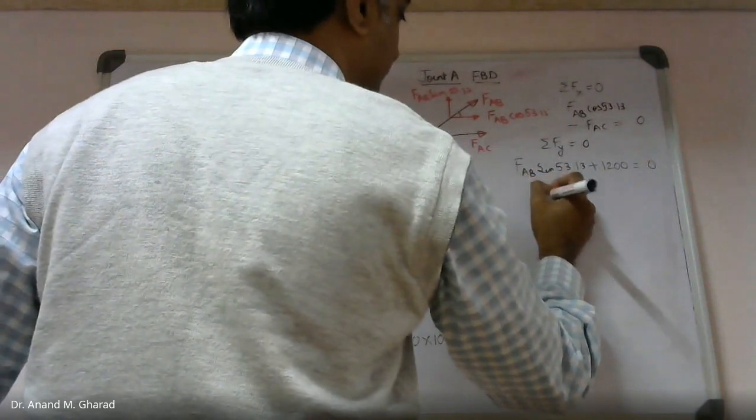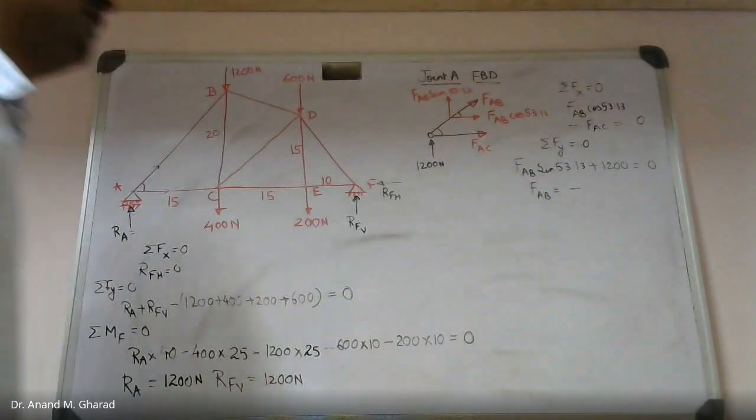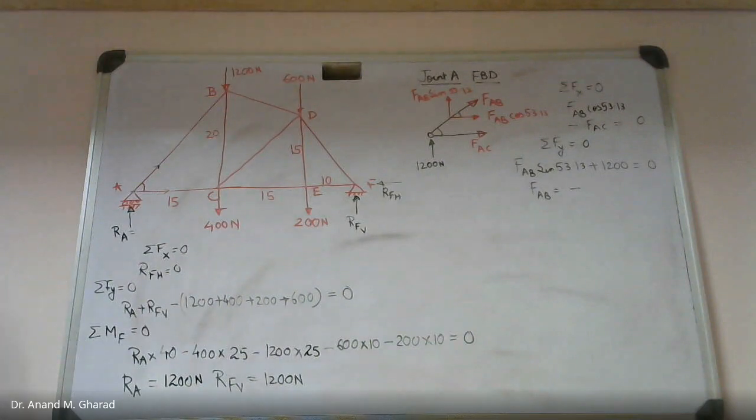So FAB will be a minus term certainly. How much does this come out to be? Yes, please find out fast.